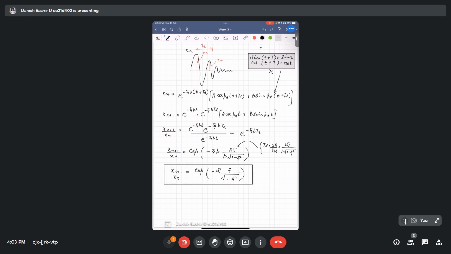So we are having a decrement in the motion. Because x of n plus 1 is less than xn, this term on the right hand side will obviously be less than 1. If we sketch the graph between x of n plus 1 divided by xn with respect to theta, we will obtain a sketch like this.